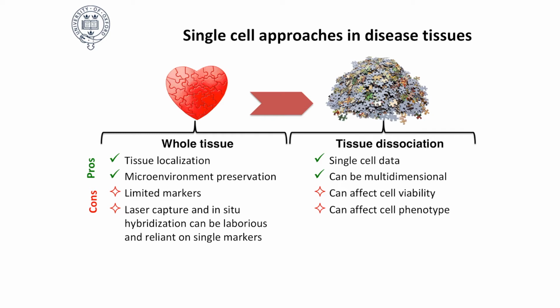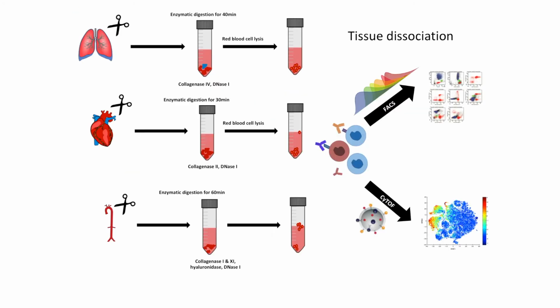So really, if we want to understand the cellular heterogeneity of the tissue you are looking at, then techniques which rely on tissue dissociation might be advantageous, because you can have single cell data on the tissue digest. The data are multi-parametric, multi-dimensional, but of course there are some drawbacks you have to be aware of. This can affect cell viability, can affect cell phenotype.